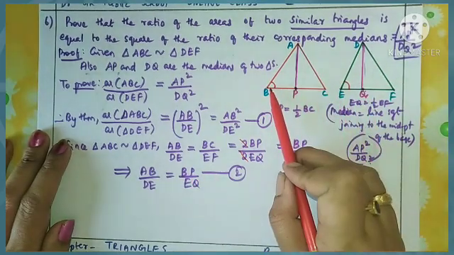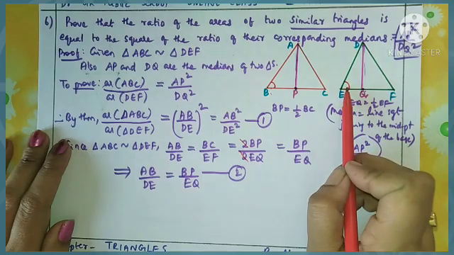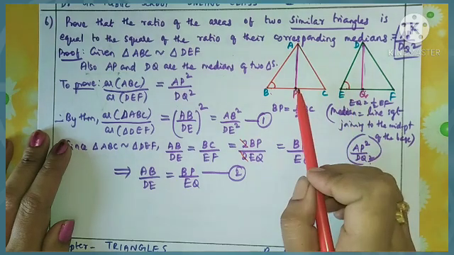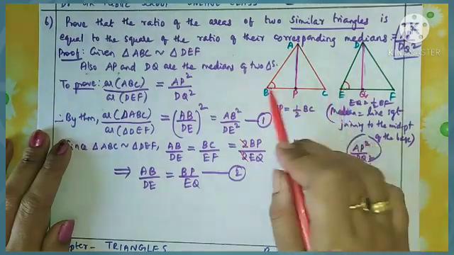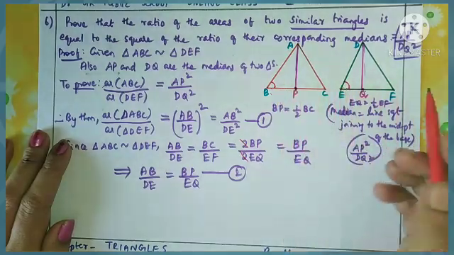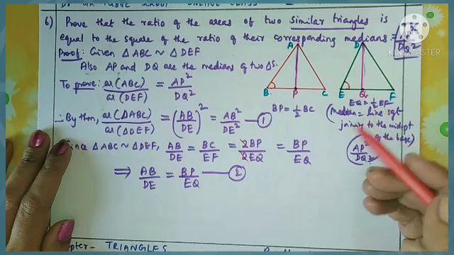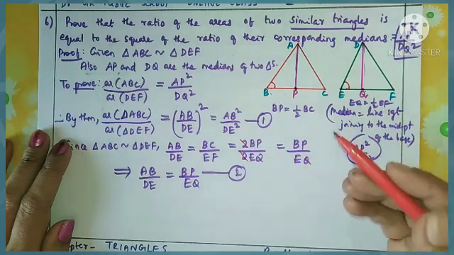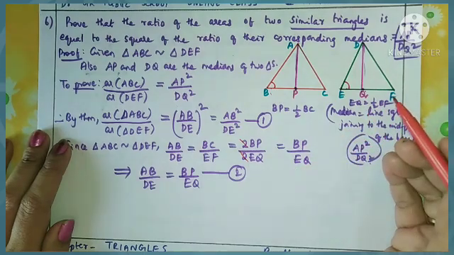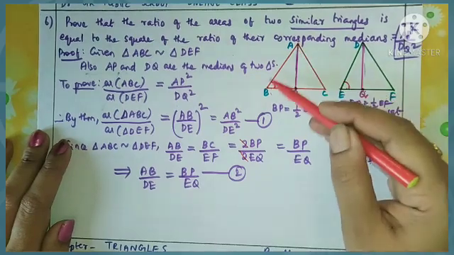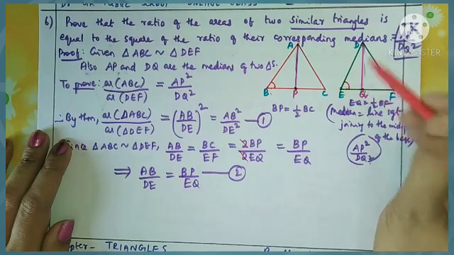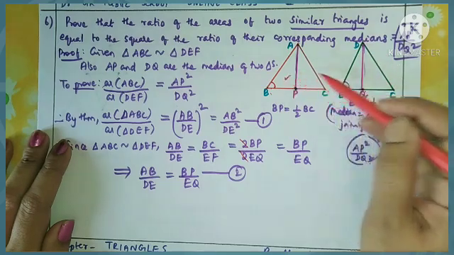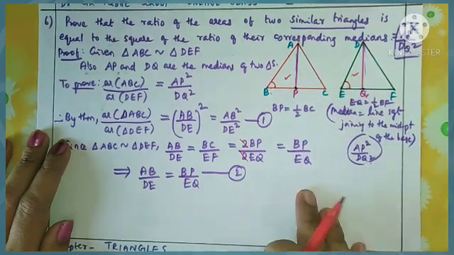Now angle B corresponds to angle E. So actually two sides are corresponding and one angle is corresponding. What can you tell? Yes, again they are similar triangles. Which ones? ABP and DEQ. So these two triangles are similar.